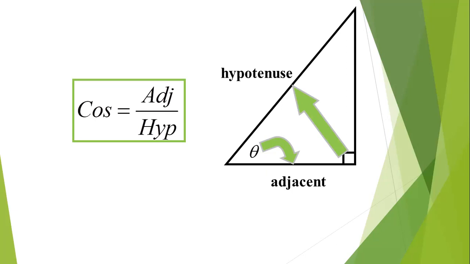What matters is where your theta is. Remember, the hypotenuse is always fixed, opposite to the 90-degree angle.